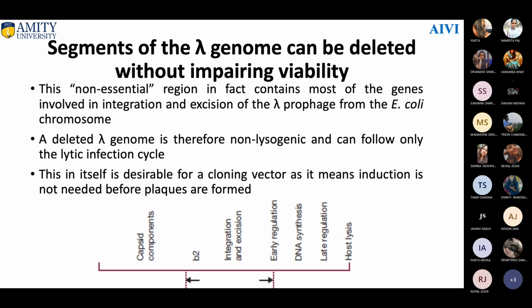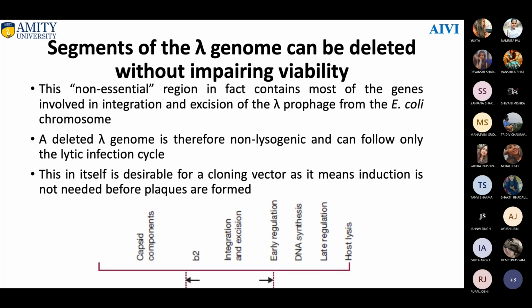So we removed the lysogeny. As mentioned, lysogeny is not a required property for a cloning vector. The cloning vector should be free in the host, and you should be able to get it out when you need it. So this is itself desirable for cloning.